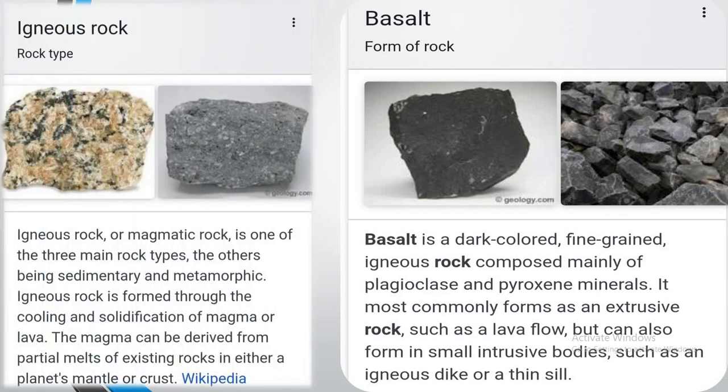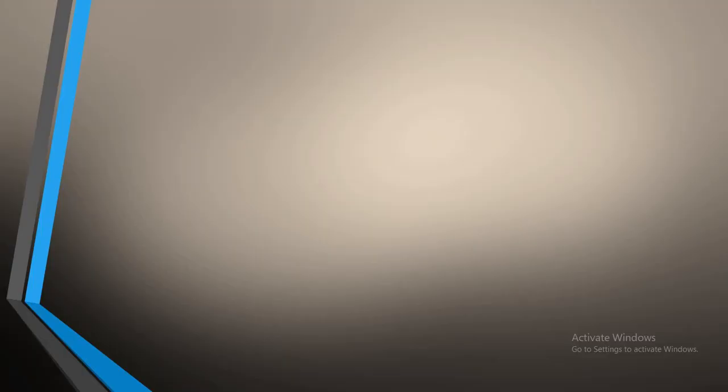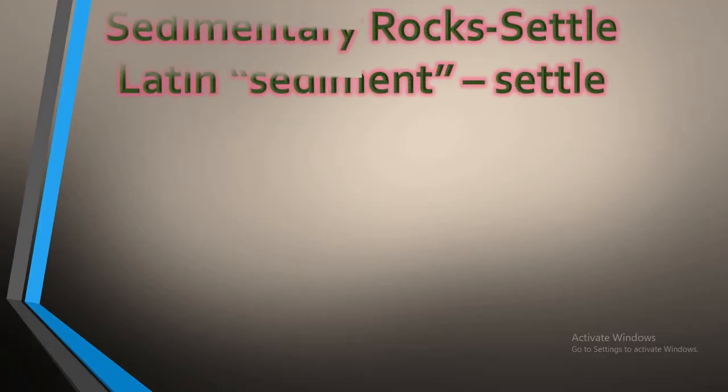Here you can see the igneous rocks, and one type of it is basalt. Have you ever seen these types of rocks in your surroundings? Okay, we'll move on to the next type of rock, sedimentary rock.